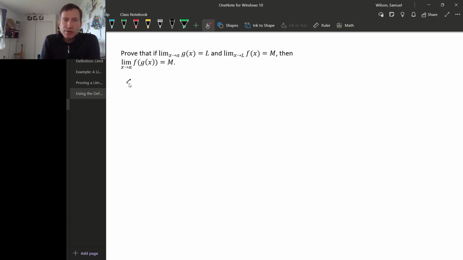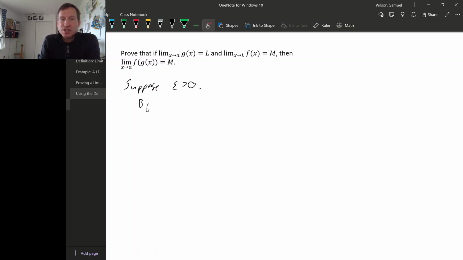So let's suppose we have some epsilon that's positive. Now epsilon is sort of on the output side, and since f is on the outside, we should start thinking about f.